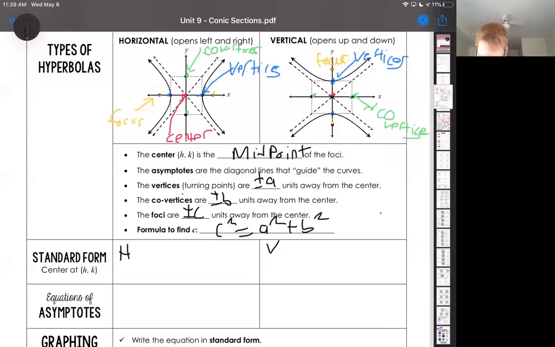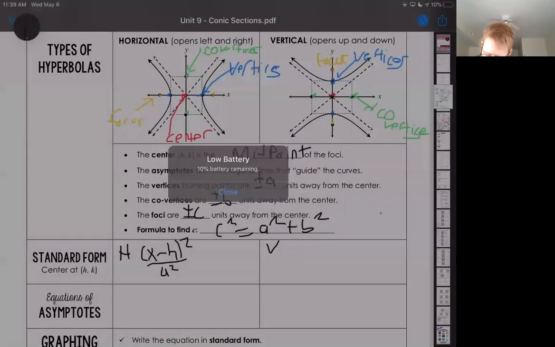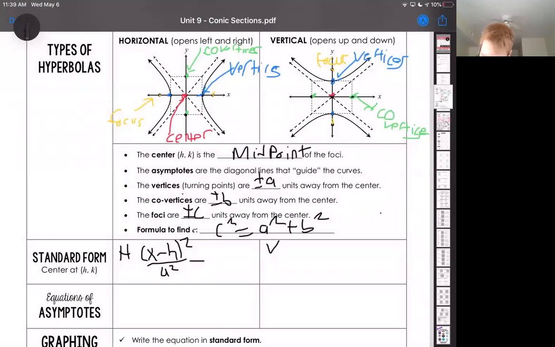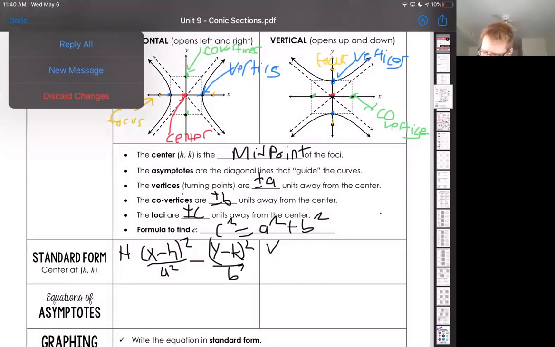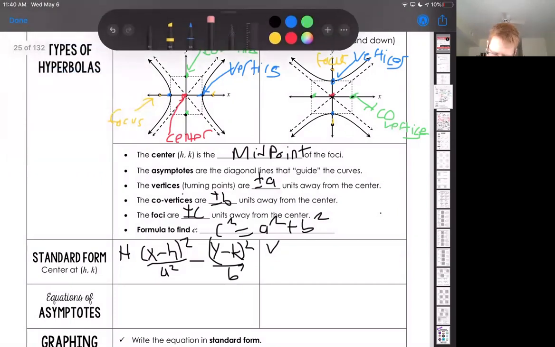Our horizontal formula is going to be x minus h squared over a squared minus y minus k squared over b squared. Okay, let me actually rewrite this. I'm a little bit out of space. Let's try this again. I'm sorry about that.